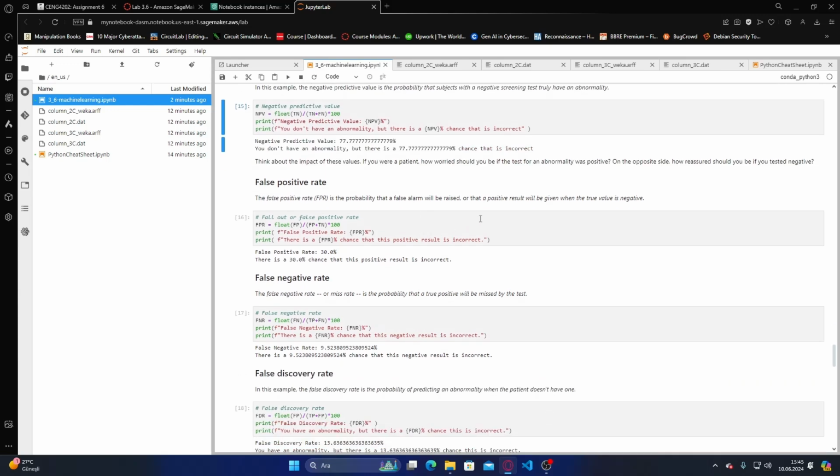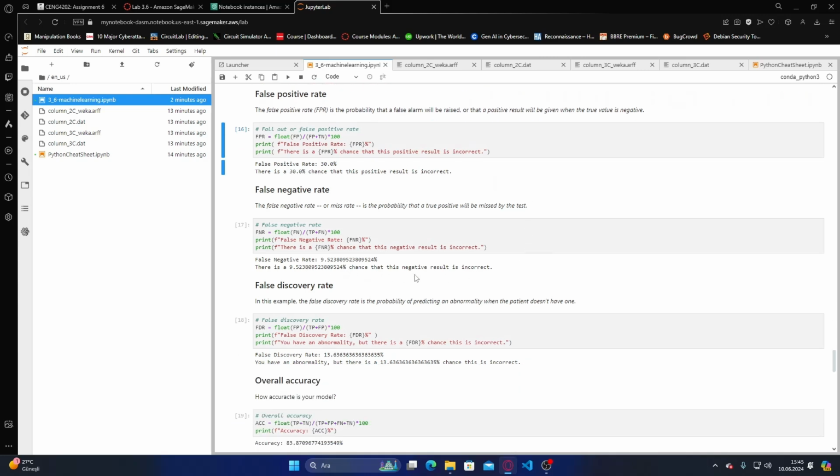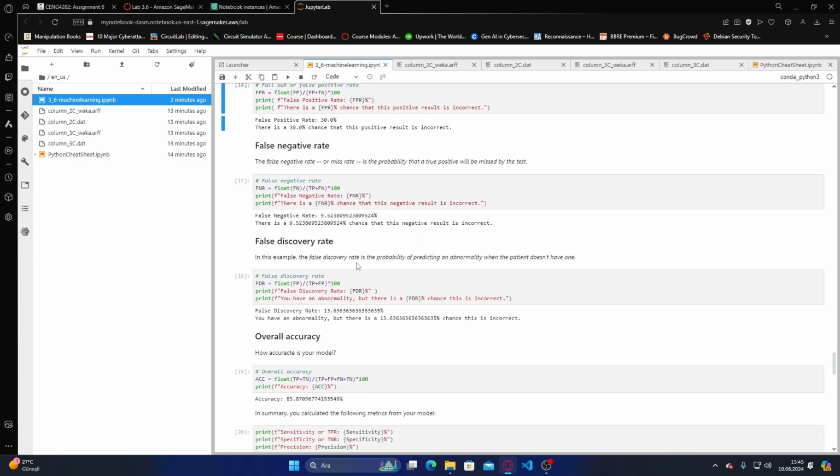Actually, this is okay. And the false positive rate is high for me. When it's high, it's a bad thing, because it's the chance that a positive result is incorrect, and 9.5 is the chance that a negative result is incorrect. Actually, this is a good thing.